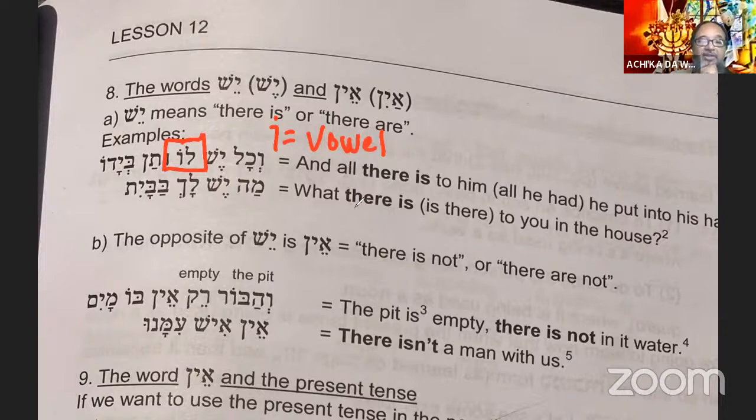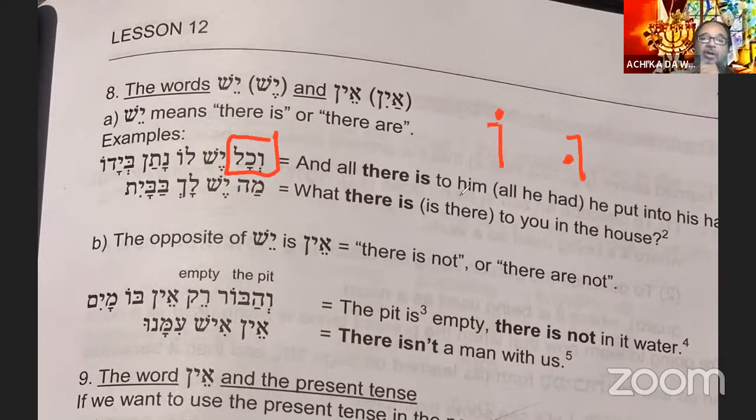Okay. So the same wa right here that's being used as a vowel, is this one right here being used as a vowel? The first one in this one, is that being used as a vowel? No. If it's a vowel, it's going to have a dot over the top or a dot on the side. I could tell you the names of that, but I don't want to confuse you.